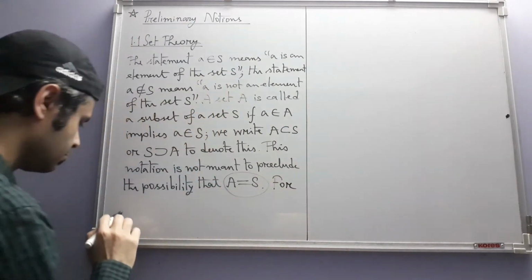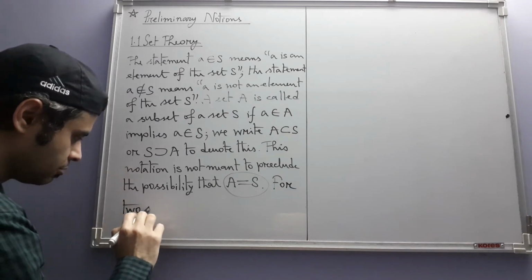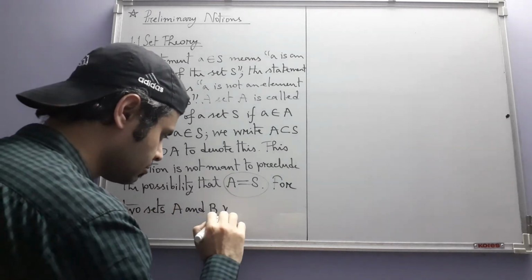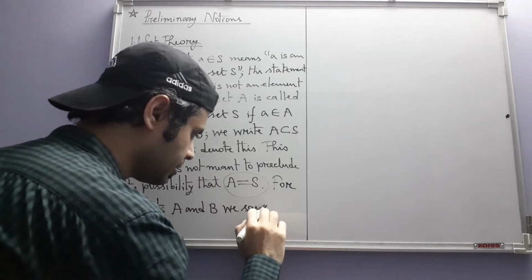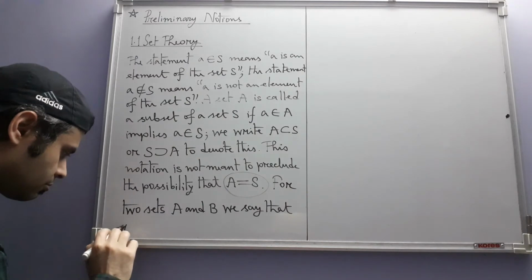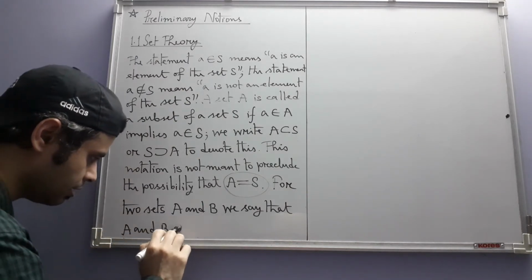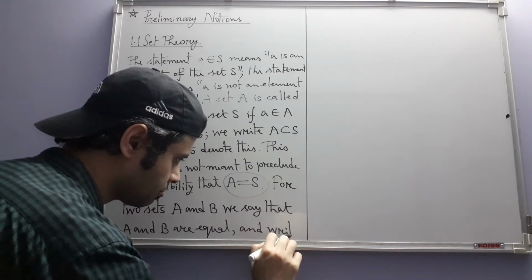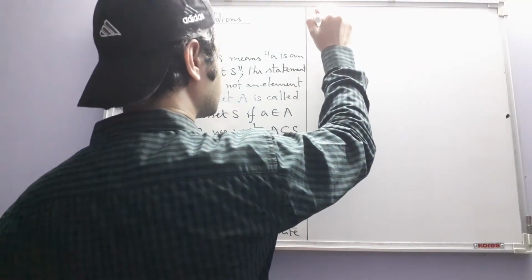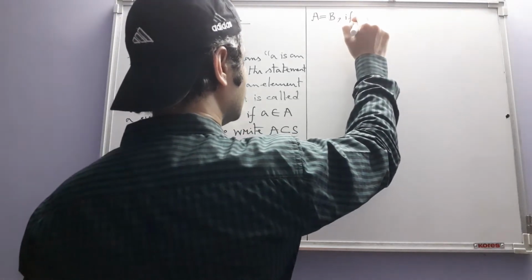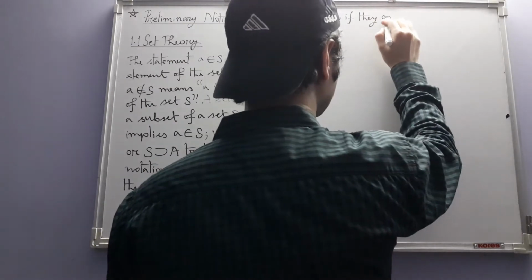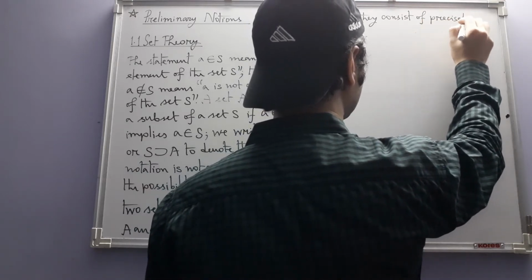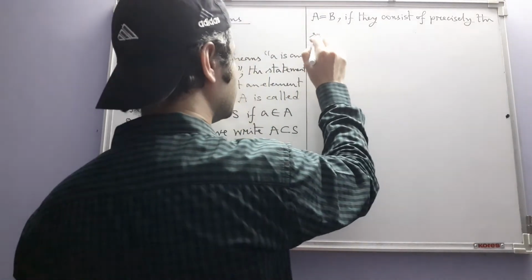For two sets A and B, we say that A and B are equal and write A equal to B if they consist of precisely the same elements.